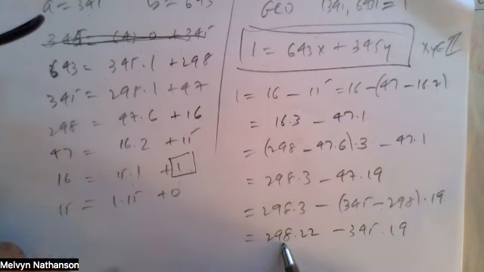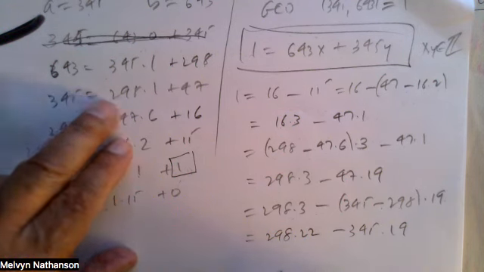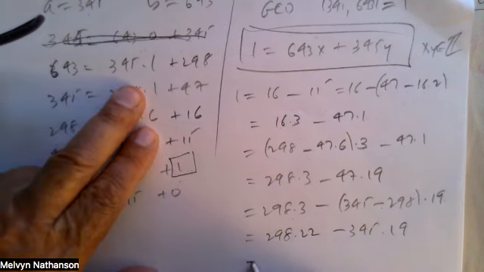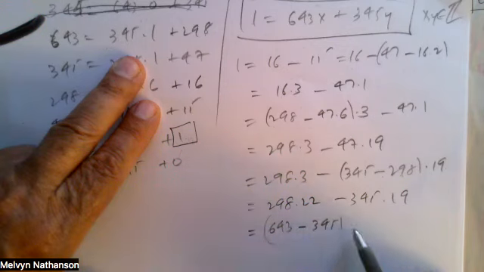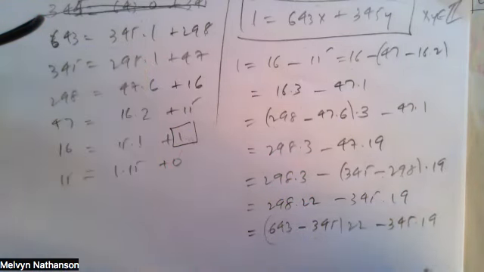And for my last step, 298 is 643 minus 345. So this is 643 minus 345 times 22 minus 345 times 19.